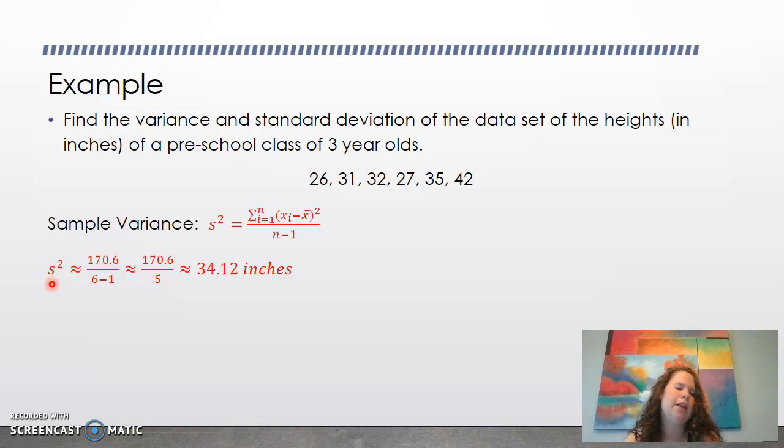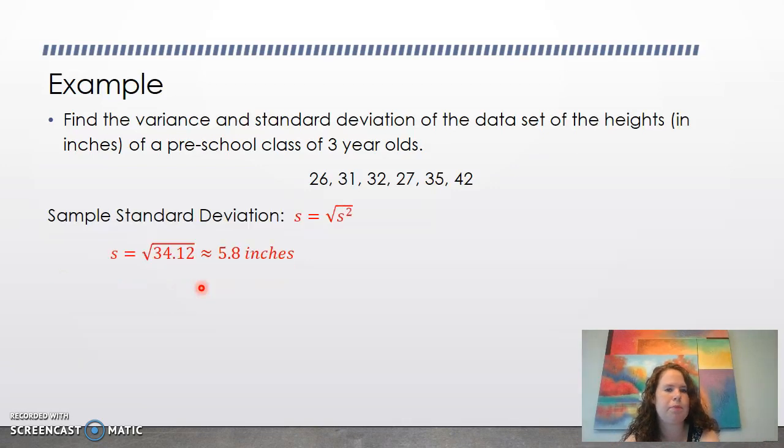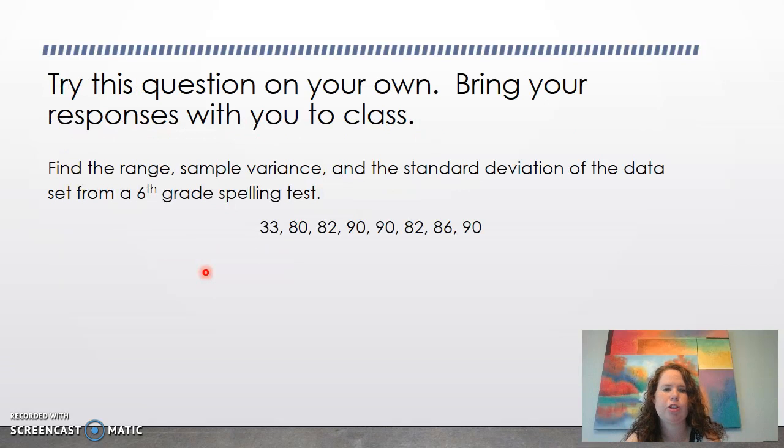To get S squared, not X squared, S squared is about equal to 170.6 over 6 minus 1, or 5, which gives us about 34.12 inches as our sample variance. For our sample standard deviation, we just take the square root of our sample variance. So S equals the square root of 34.12, which gives us about 5.8 inches.